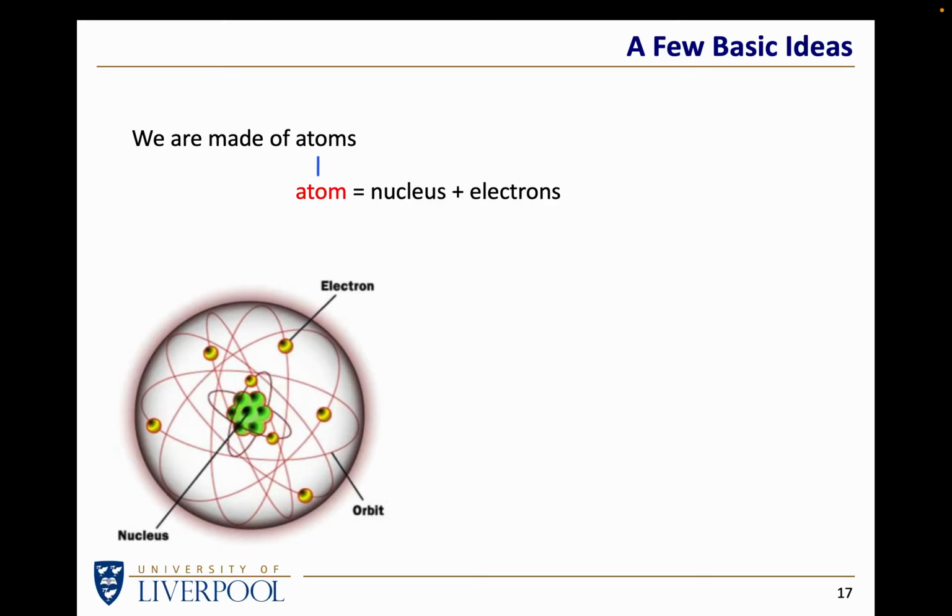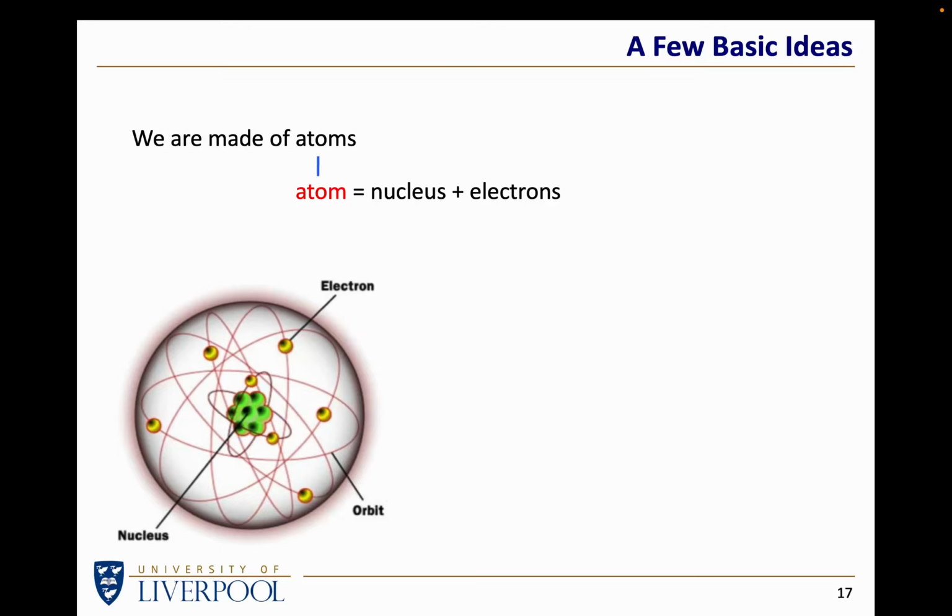It takes a certain amount of energy to take an atom and rip it apart into its constituent bits. An electron, to the best of our knowledge, is a fundamental particle. It's not made of anything else. You can't take an electron, cut it in half, have a look inside and say, what are electrons made of? As far as we can tell, you cannot do that. It is a fundamental particle. However, a nucleus of an atom is not a fundamental particle.